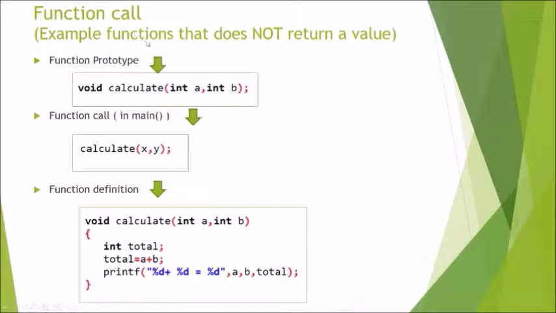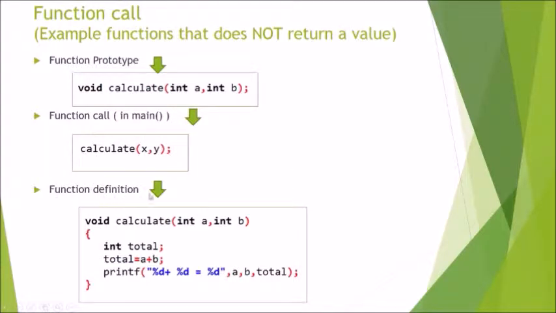And now this one is a function that does not return a value. So the function prototype should use void, because we know it does not return a value, followed by the function name and the input argument. The function call in the main function should be written like this.